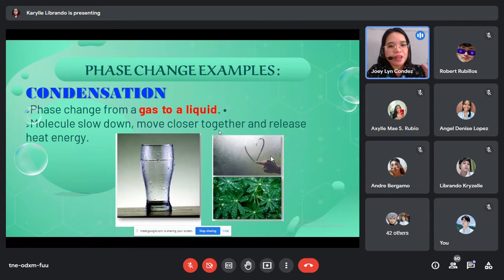So remember, inside the glass you put cold water. The glass is placed in your room, and the temperature of your room is maybe 20 to 25 degrees Celsius. So that's the room temperature.